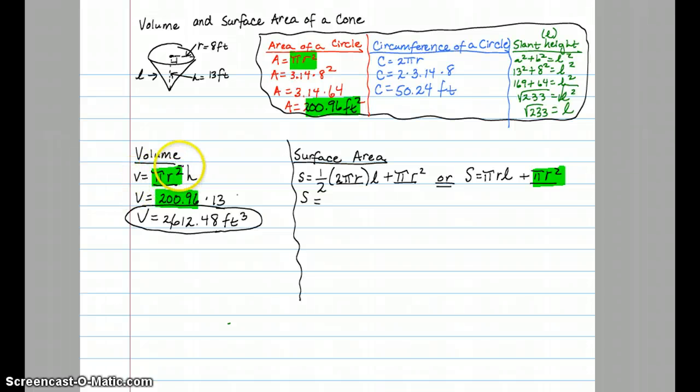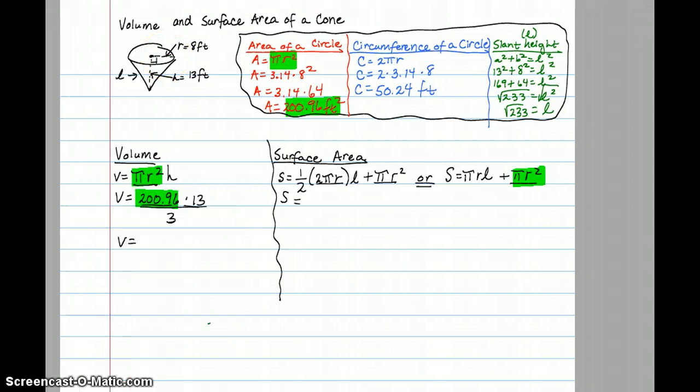We've already calculated our volume. Volume is pi r squared, which is the area of that base, times the height, divided by 3. So it's either a third of the area times the height, or you can just take the area times the height and divide by 3, which gives you 2,612.48 (pi r squared times 13).